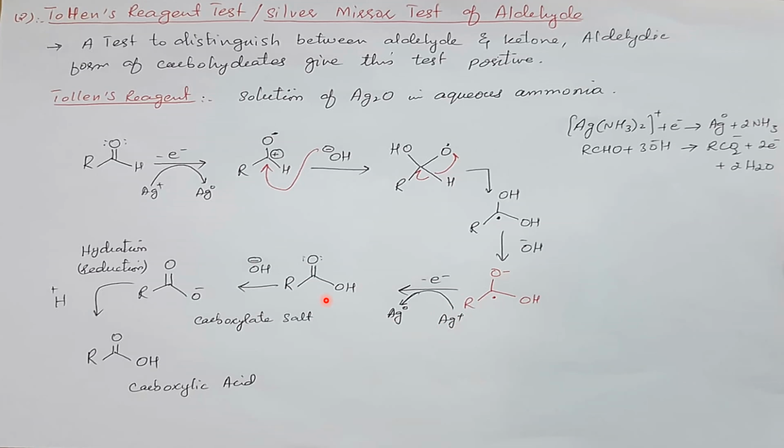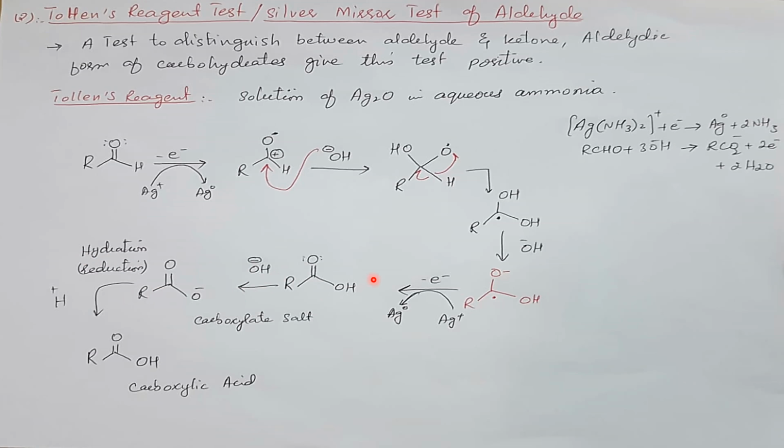So now this is the R, and this negative will form the double bond here, right? And this is the carbonyl, and there is the hydroxyl one. This hydroxyl can be removed from this. So this is the hydration or the reduction. So you can have this.